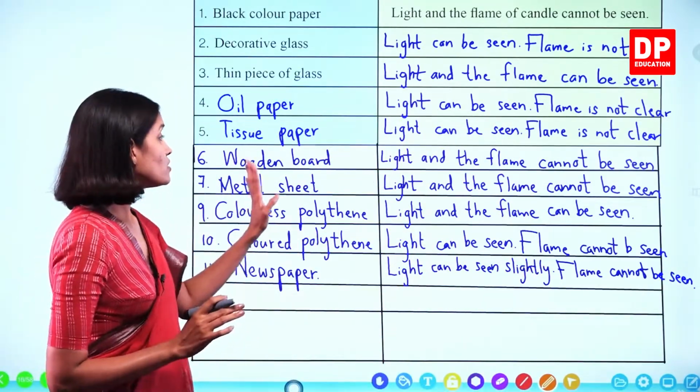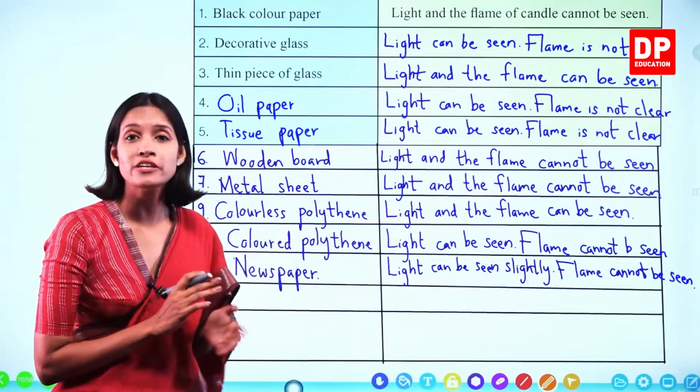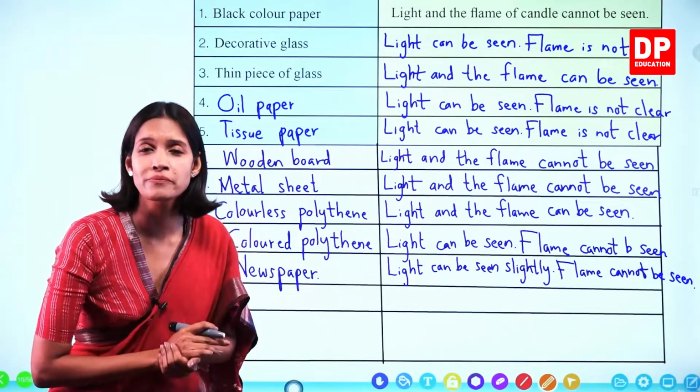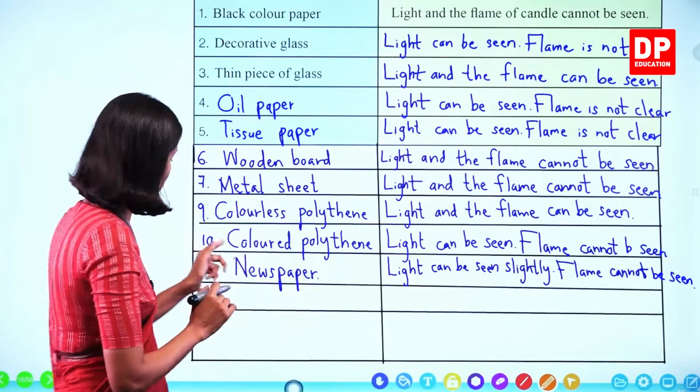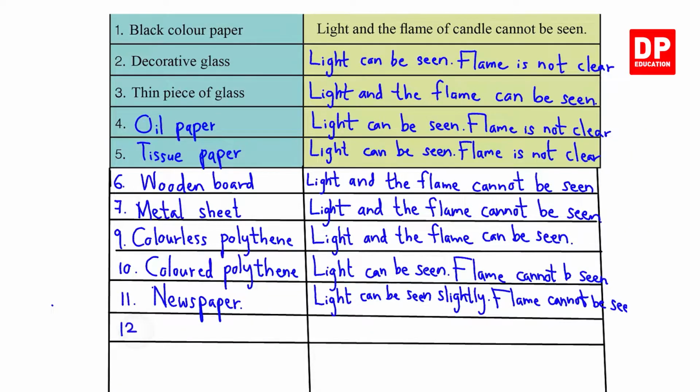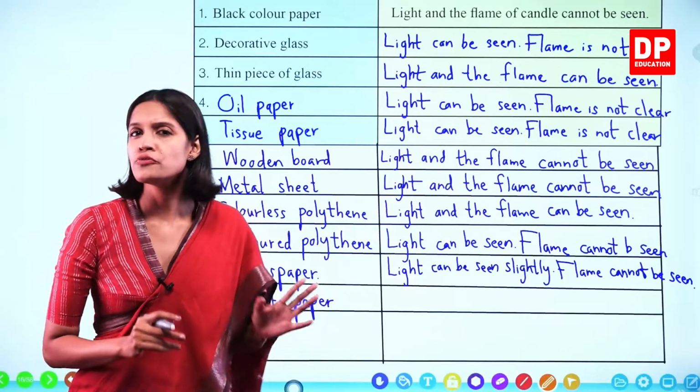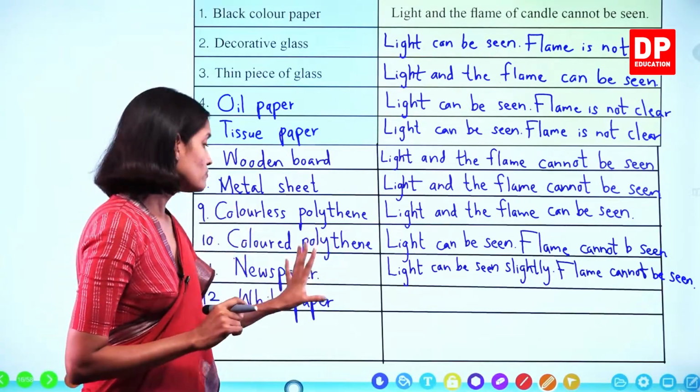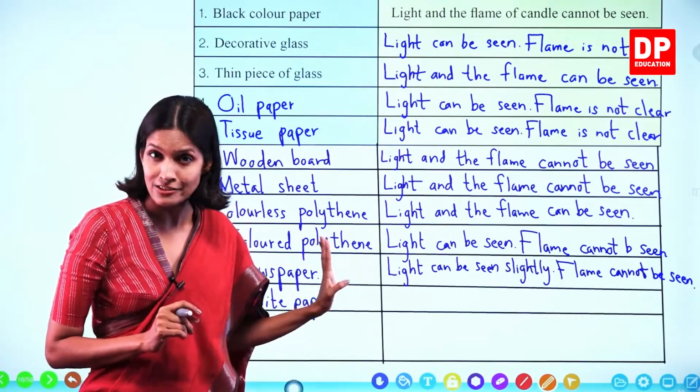Right? Even though in the list we did not mention during the experiment, do you remember we used a white paper too? We will mention that too. White paper. What happened there? We couldn't see the flame, but we could see the light slightly, right?